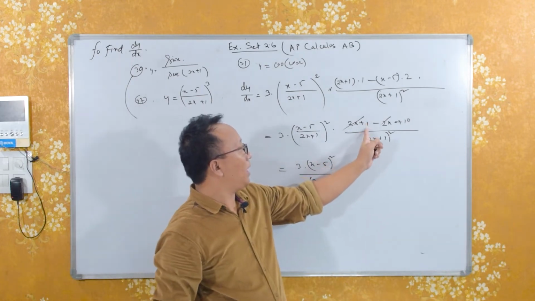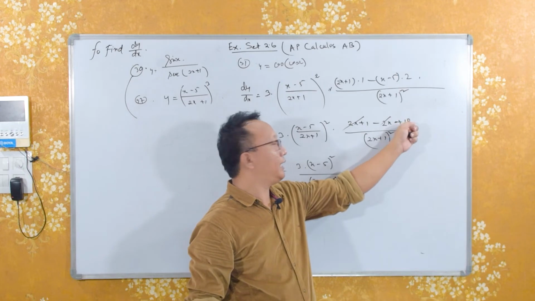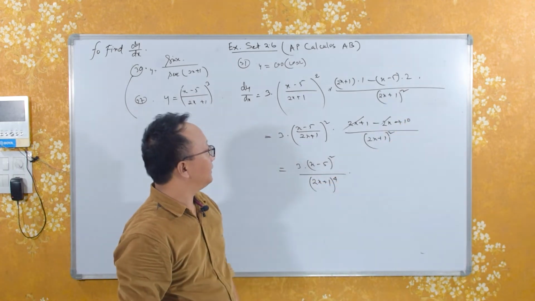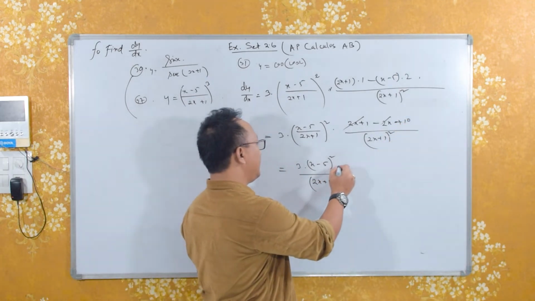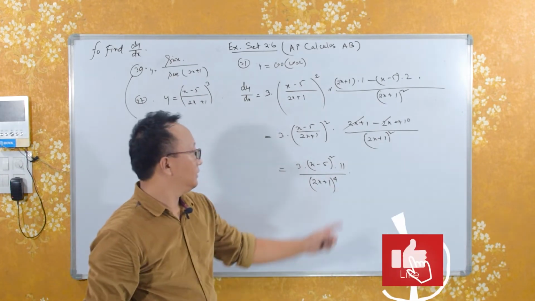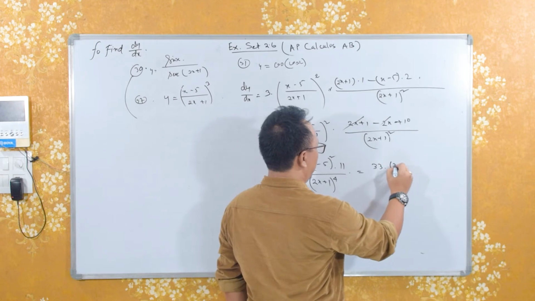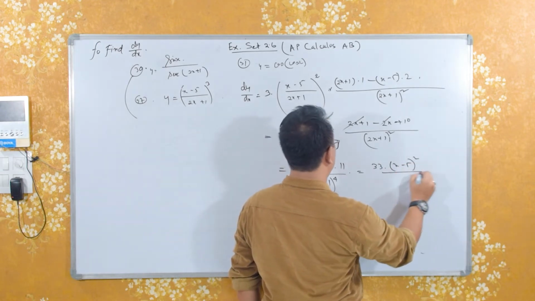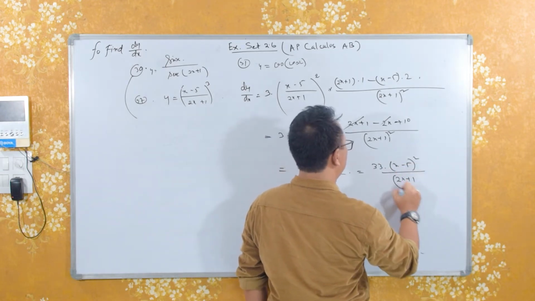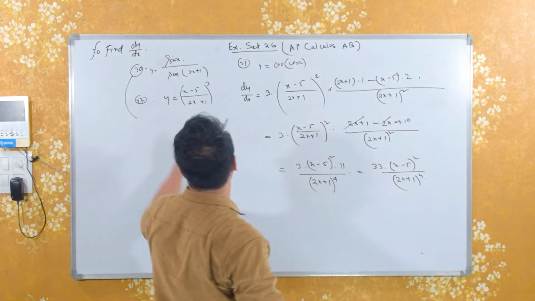Here 1 plus 10 is 11, and 3 into 11 is 33. Here you can write 33 (x minus 5) squared upon (2x plus 1) raised to 4. This is the answer for 27.